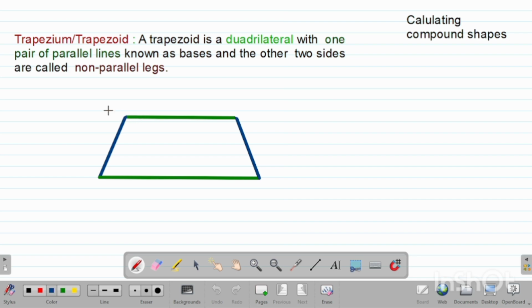Here you can see, if I define the trapezium as A, B, C, and D, then AB and CD are called parallel lines.